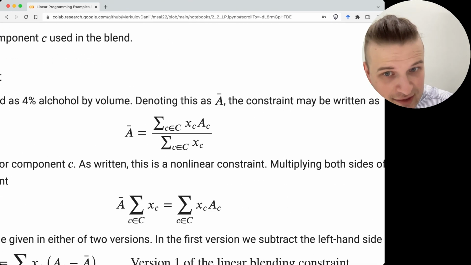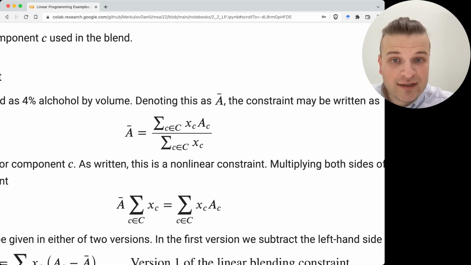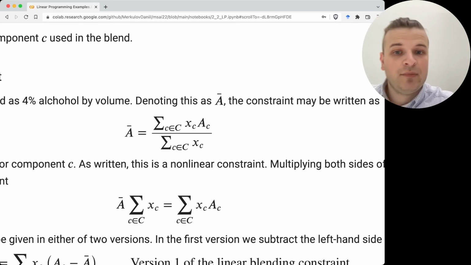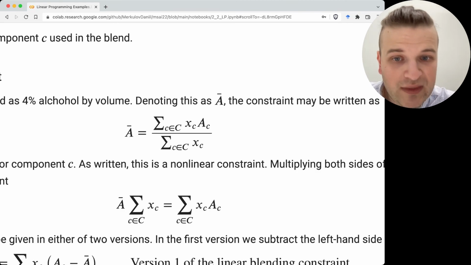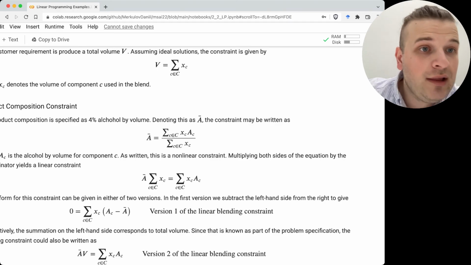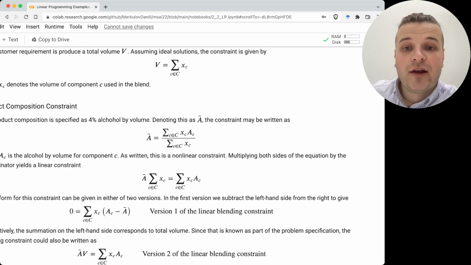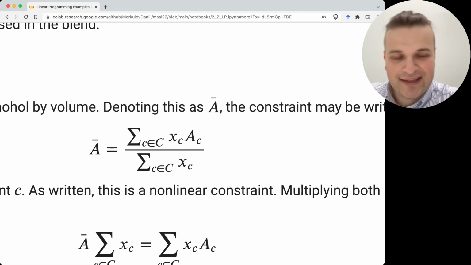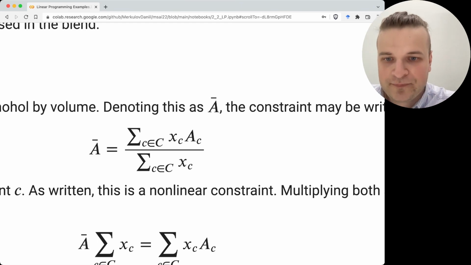This constraint, if it's written in the following way, for example, the total weighted sum divided by the total sum should be equal to some level, like alcohol level. This constraint is not linear. That is what's interesting here.